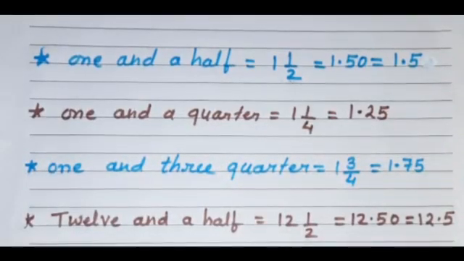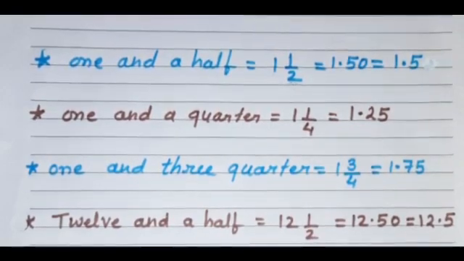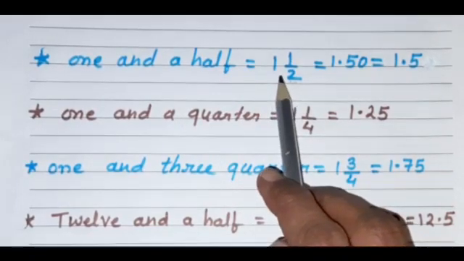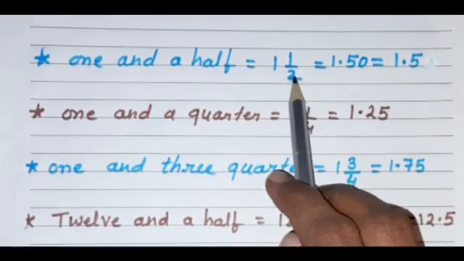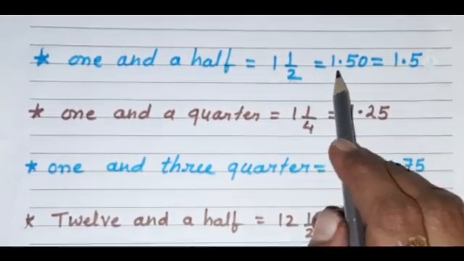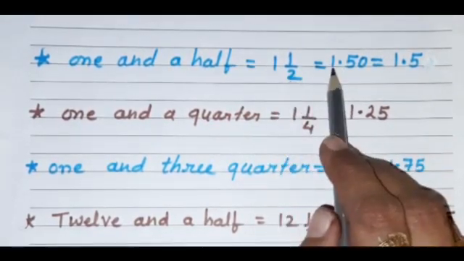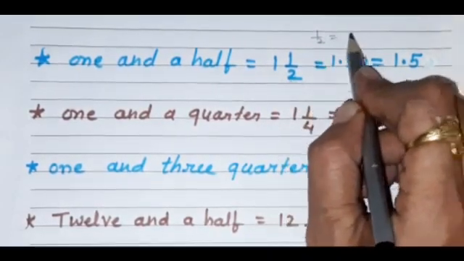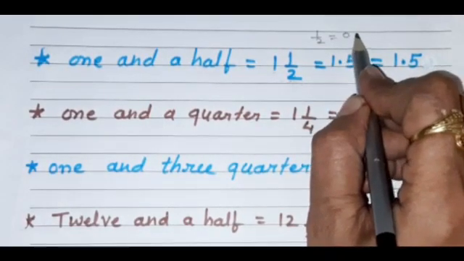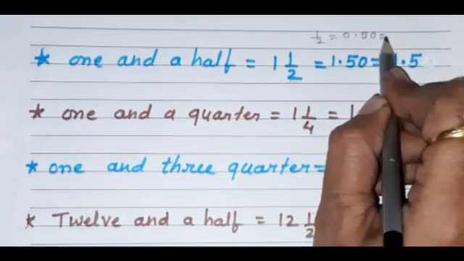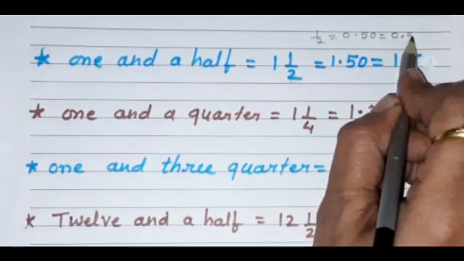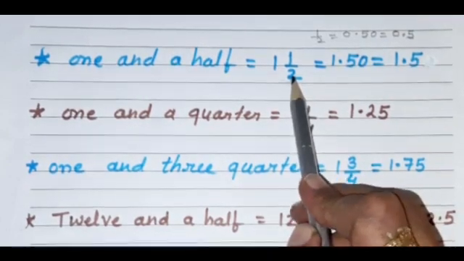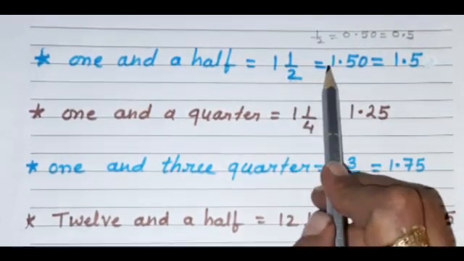Here are some fractions written as decimals. See, first one, 1 and 1/2. Now 1 and 1/2 written in decimal form: 1 is written as it is, and half in decimal form we write as 0.50, and 0.50 is also equal to 0.5. So at the place of half in decimal form we write 0.50 and 1 as it is.